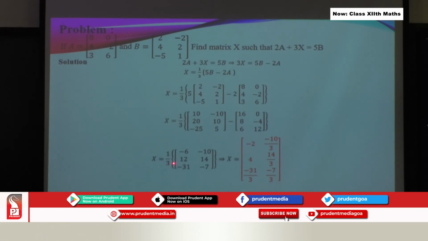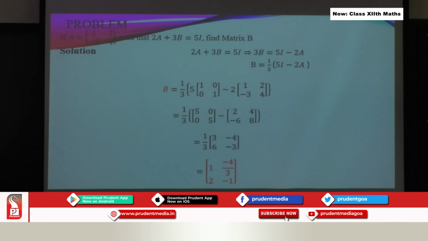Again it is scalar multiplication. So I get X equals this 1 by 3 multiplied. Minus 6 upon 3 gives minus 2. Same way, minus 10 upon 3 is not divisible, so it remains as it is. 12 upon 3 is divisible, so you get 4, and further you get similar entries.